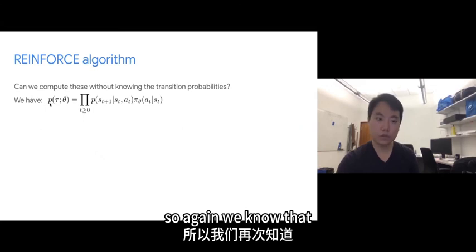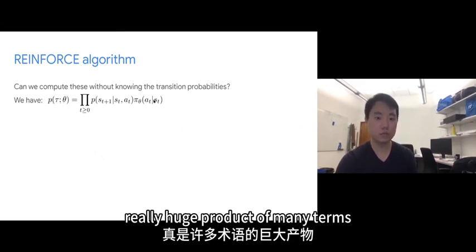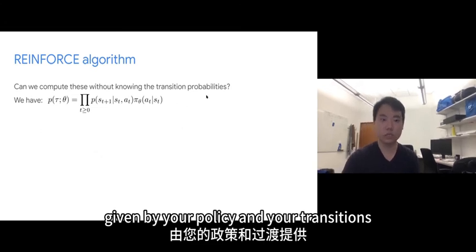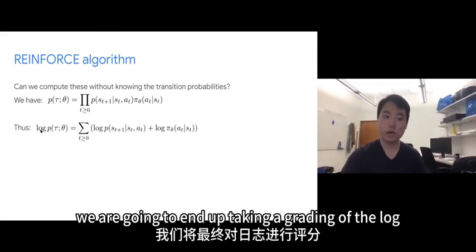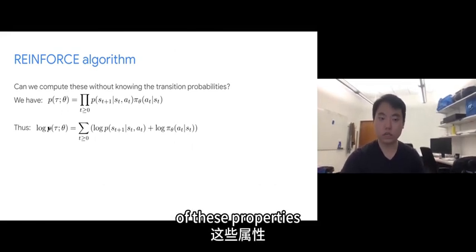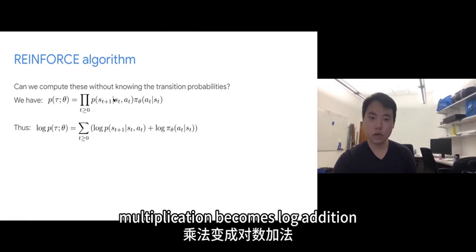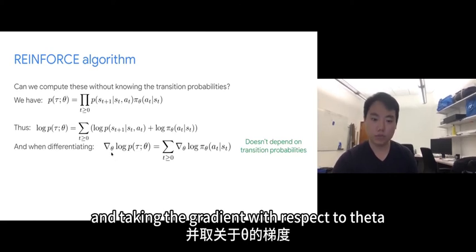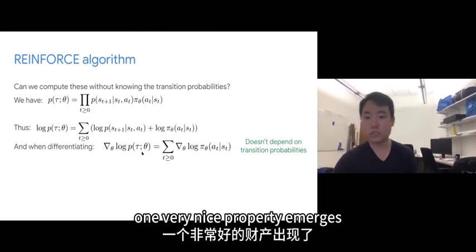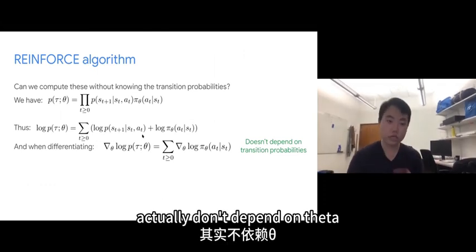So again, we know that the probability of trajectories is equal to this really huge product of many terms given by your policy and your transitions. So we are going to end up taking the gradient of the log of these probabilities. You take the log, the product becomes a sum; multiplication becomes log addition. And taking the gradient with respect to theta, one very nice property emerges, which is that the log probabilities of your transitions actually don't depend on theta.